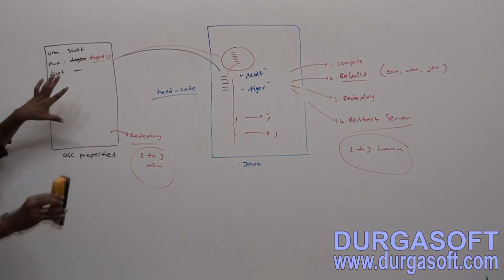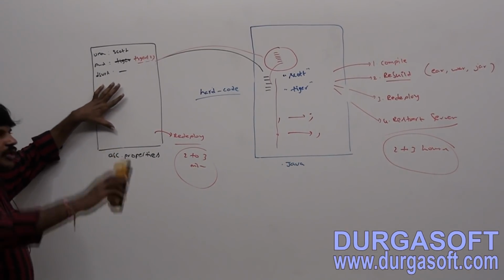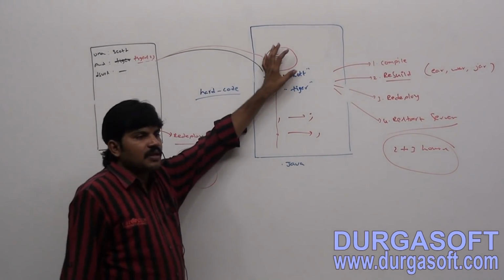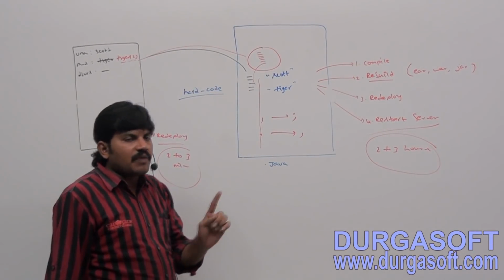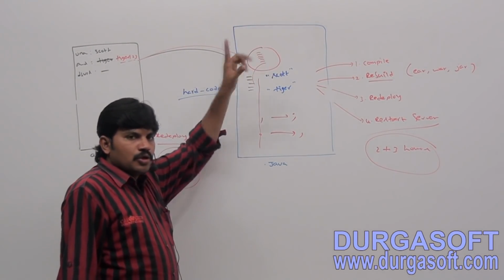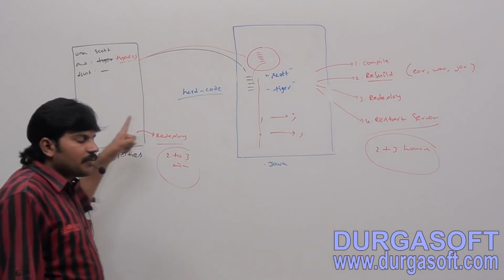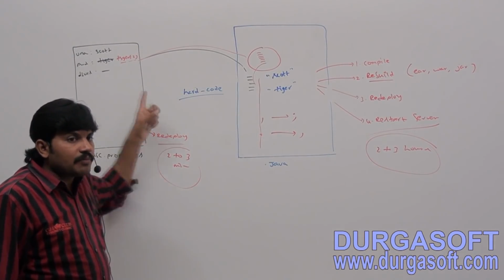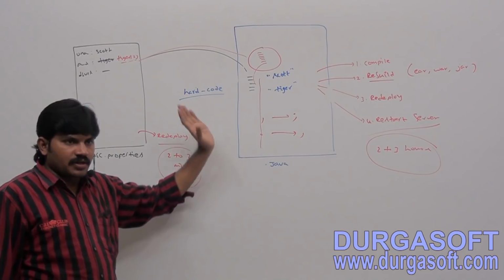So in this total scenario, where is the role of the properties object? We can use a Java properties object to hold properties which are coming from the properties file. I will show that in the program anyway.